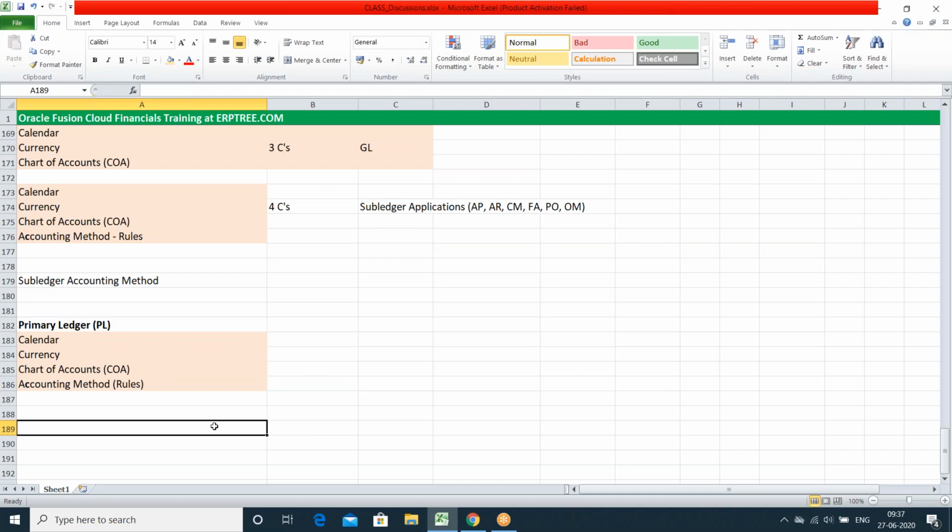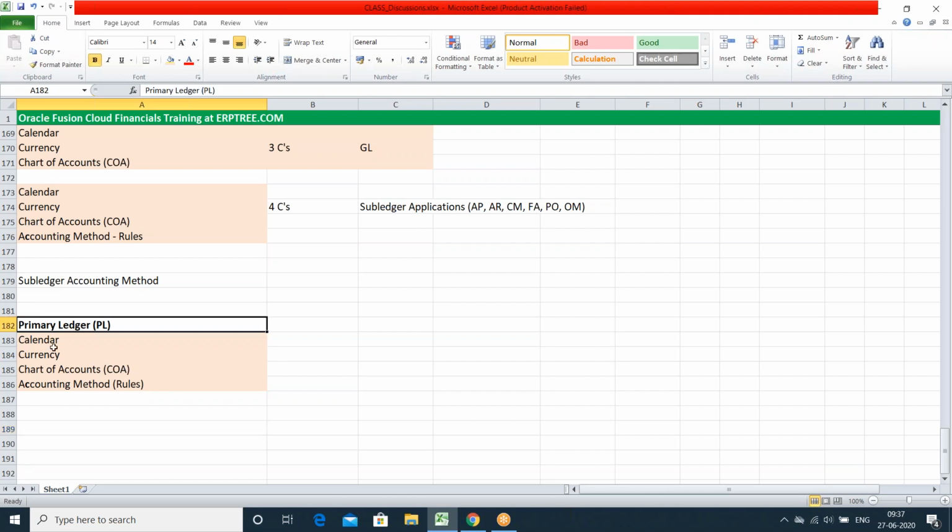We have one set of chart of accounts, whatever we decide, 4 segment, 5 segment, or 8 segment. Now for the accounting method, does each subledger have its own accounting method, like AP different from AR, CM, FA, FPO, etc., or is it a common thing?